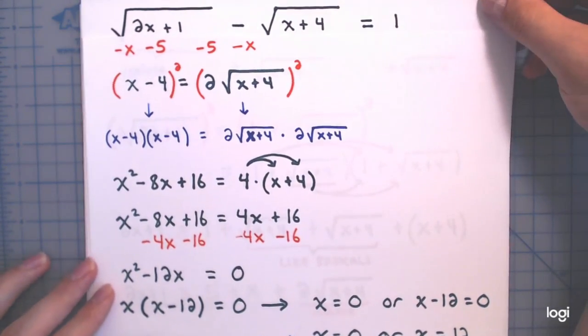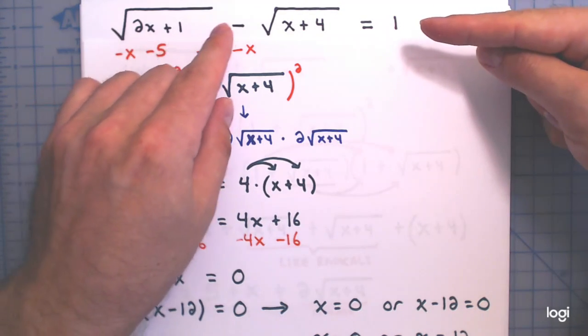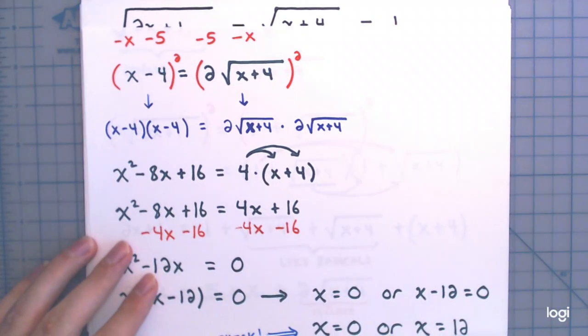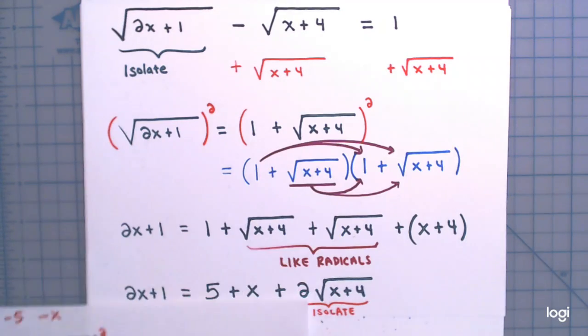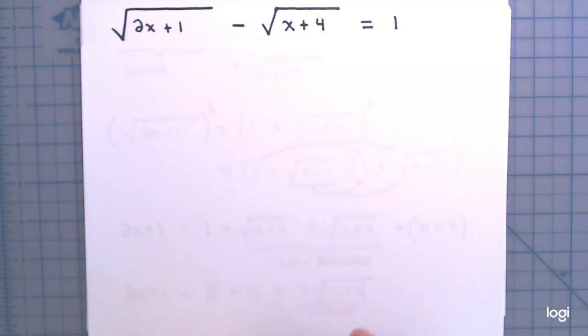All right, so I'm going back to the original equation, and this is the original equation up here where my finger is. The square root of 2x plus 1 minus the square root of x plus 4 equals 1. And I'm going to check these two solutions. My possible solutions are 0 and 12. All right, so I'll do that on another page. So we're checking.